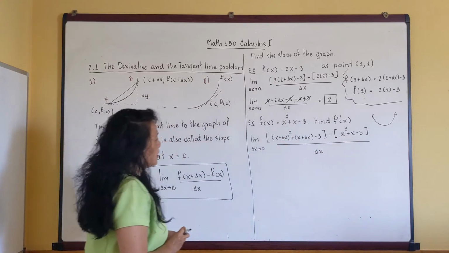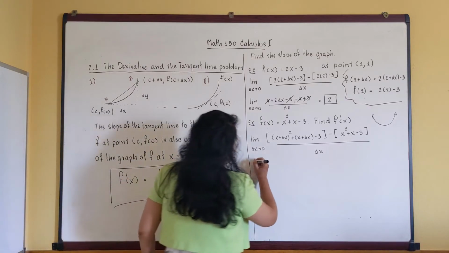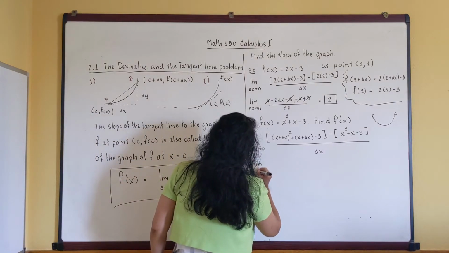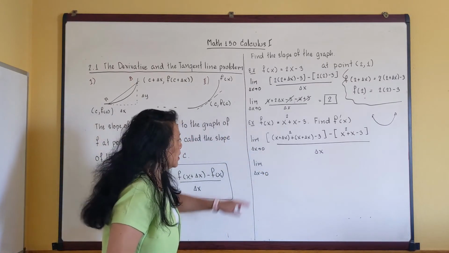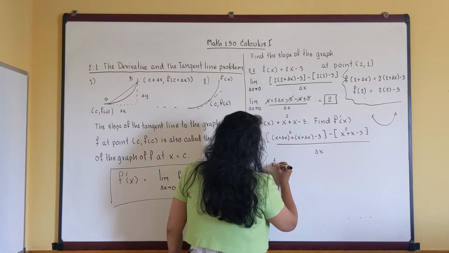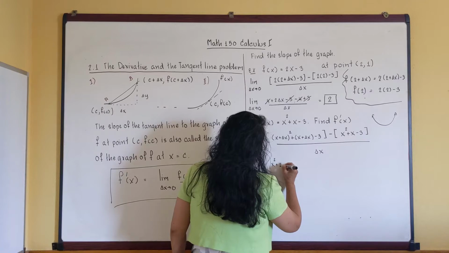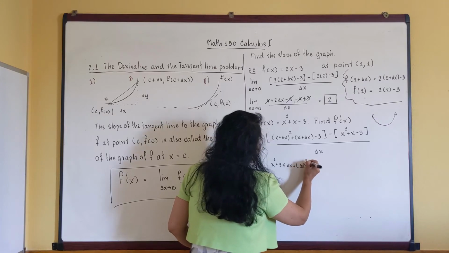Alright. Next step I'm going to simplify this. I have the limit as delta x approaches 0. This is a perfect square, so first term squared, plus twice first times last, plus last squared.